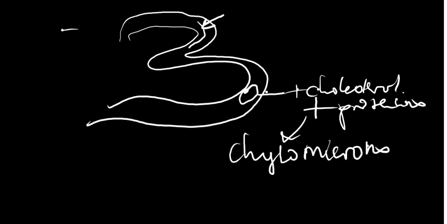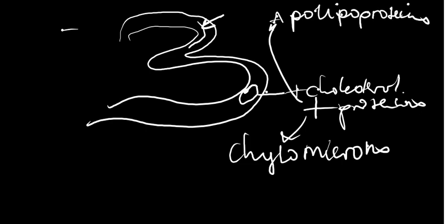These specific proteins that we were talking about, we call them the apolipoproteins. Those are the special proteins. Those apolipoproteins bind to the triglyceride-cholesterol complex, and these are what help to transport the lipids into various organs.